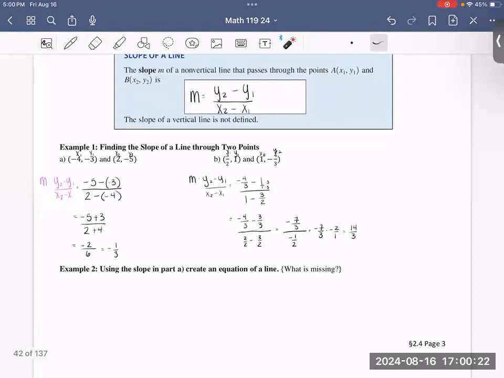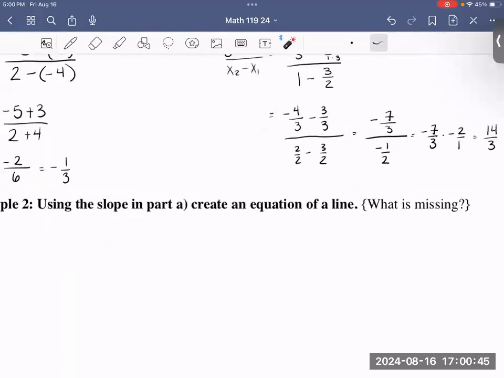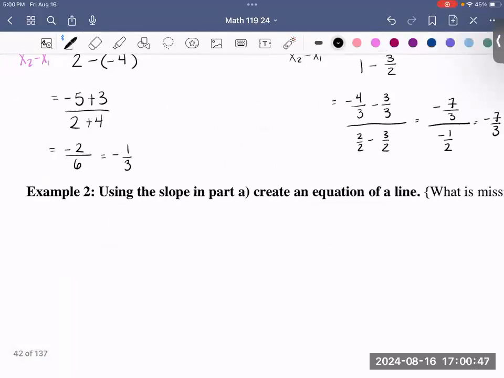Now let's say in example 2, using the slope in part A that we have created, can you find the equation of the line? Your slope being -1/3, what's missing?